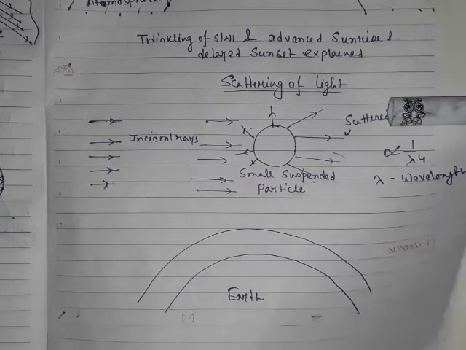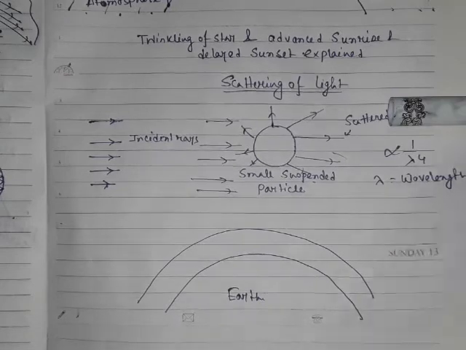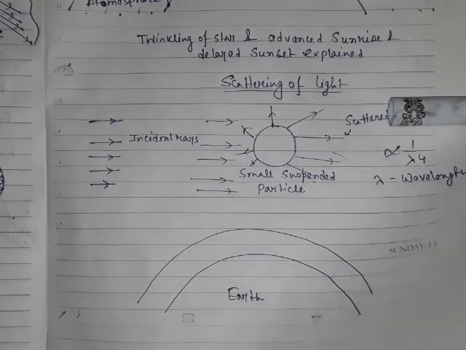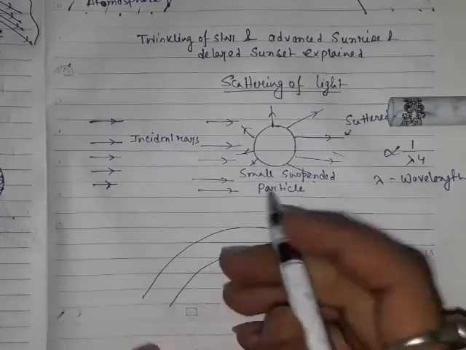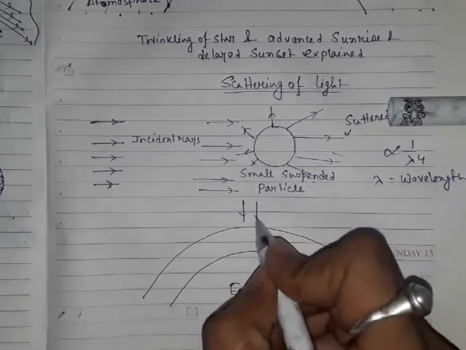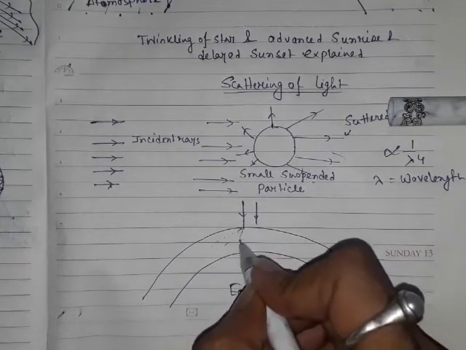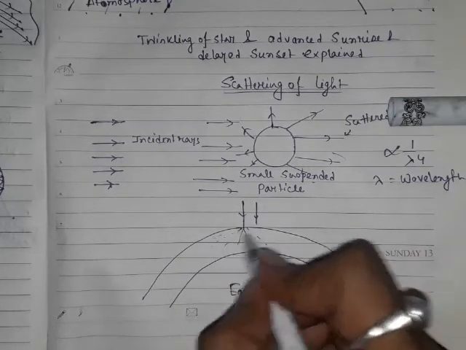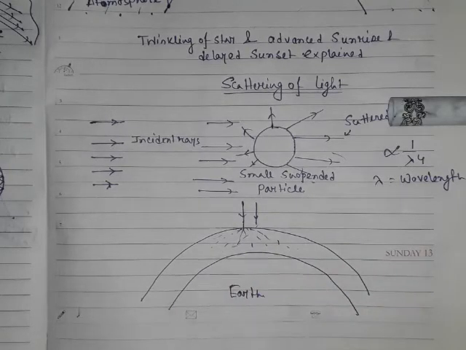So when light comes from the sun, the blue and violet colors are scattered more. So this blue and violet light can be seen from everywhere on the earth.